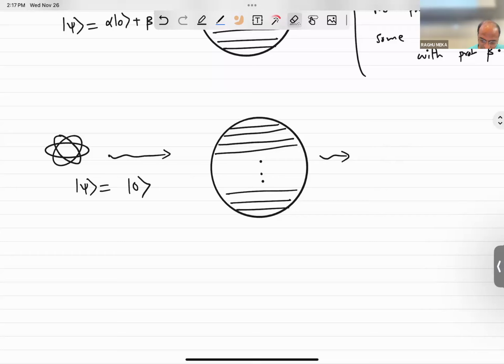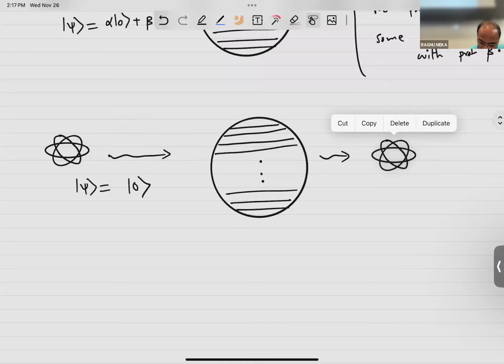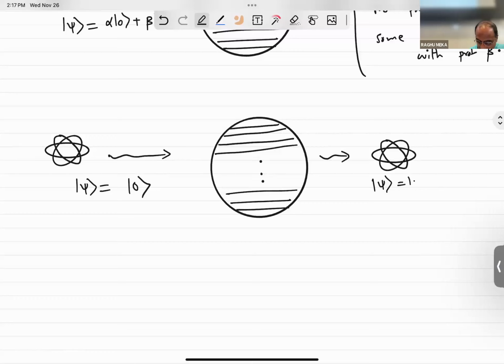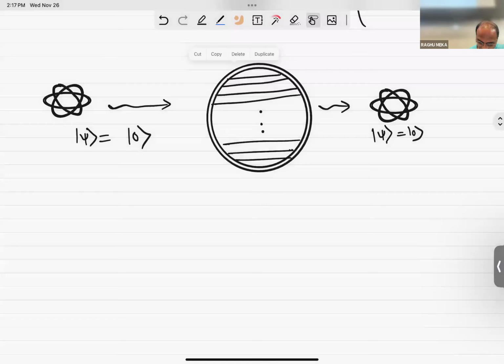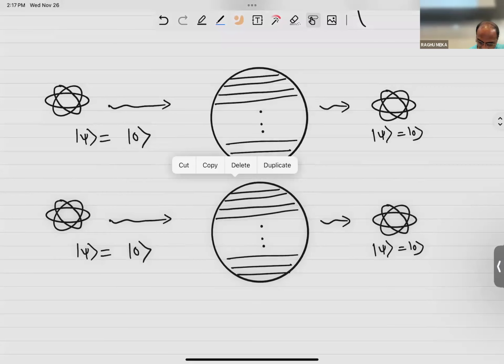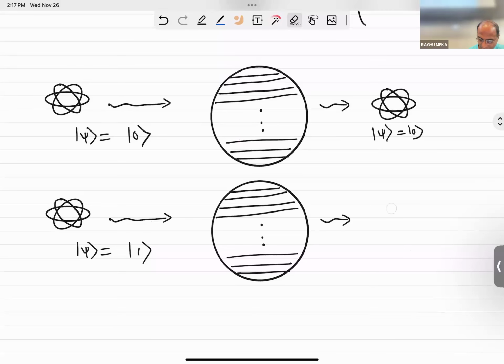The photon just comes through as it is. And this happens with probability 1. Now, what happens if I send 1 through? There will be no light, right? So it will be all heat. Let's say we're only interested in light, then basically you would get no photon, only heat.